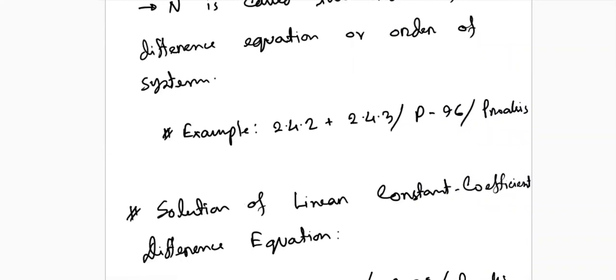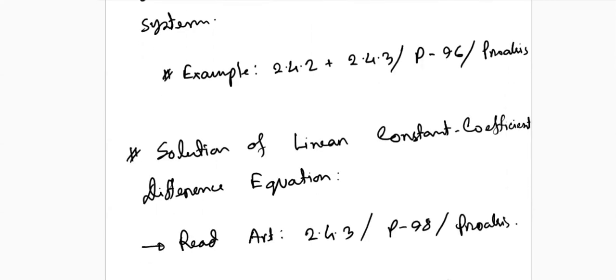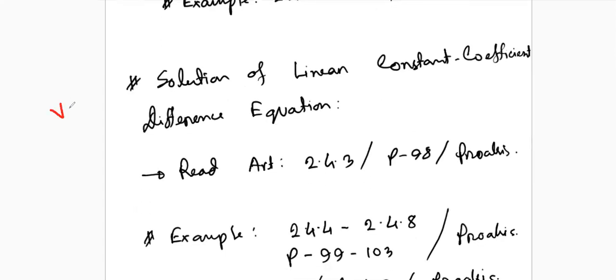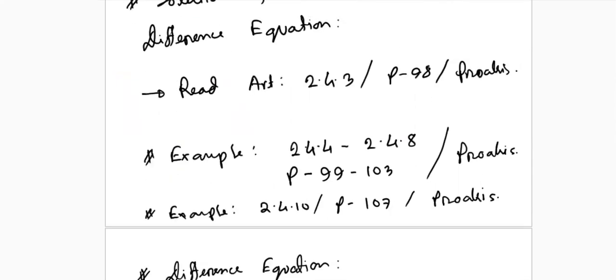The examples are given in 2.4.2 and 2.4.3 from the Proakis book. Solution of linear constant coefficient equation. It's a very, very important topic. Please go through the book, the article number, as well as all the examples.